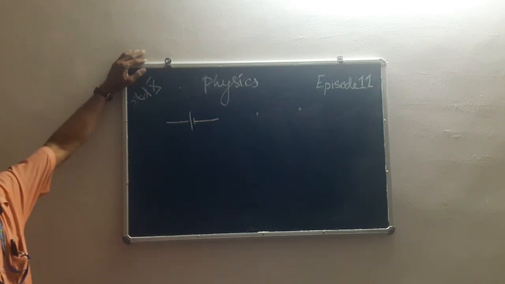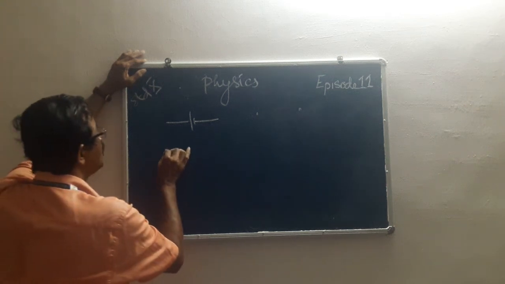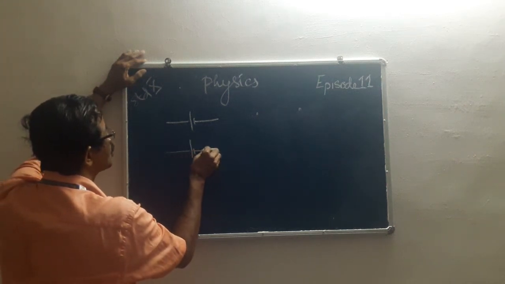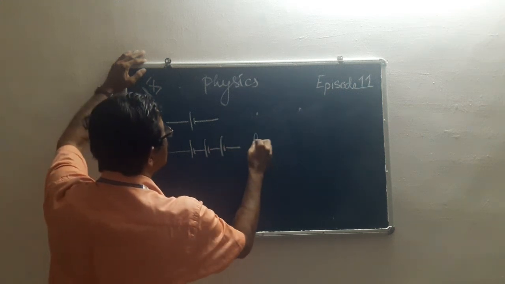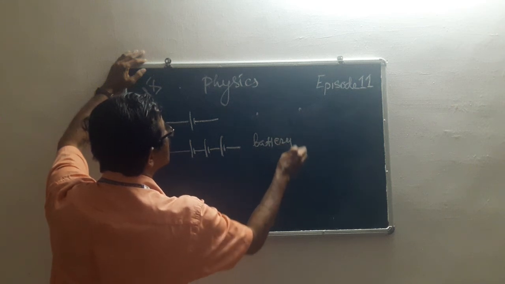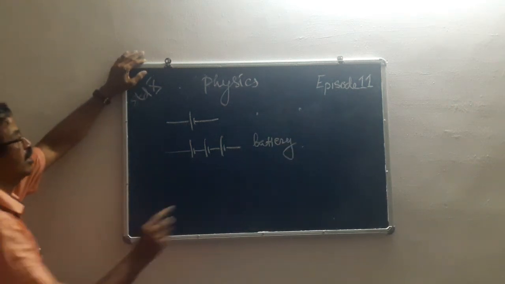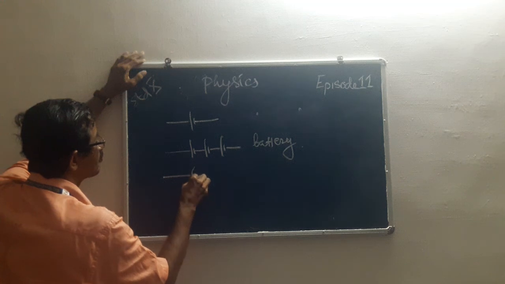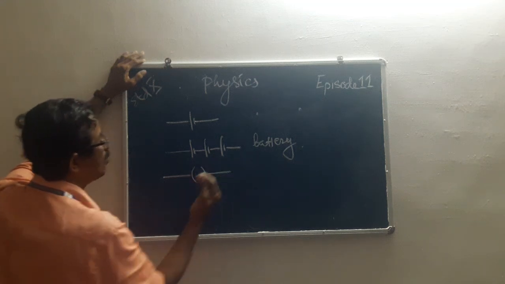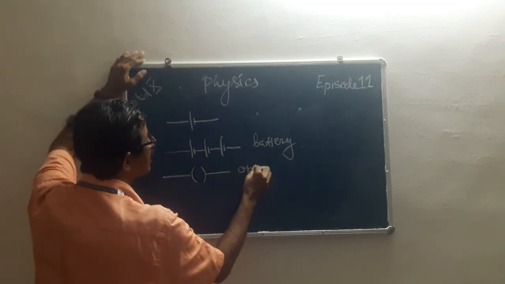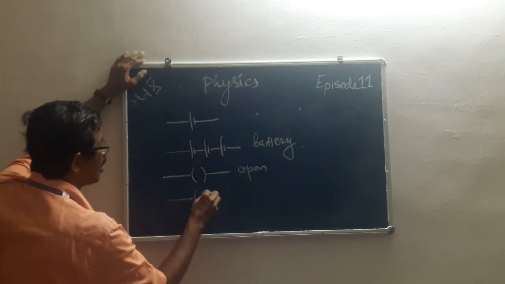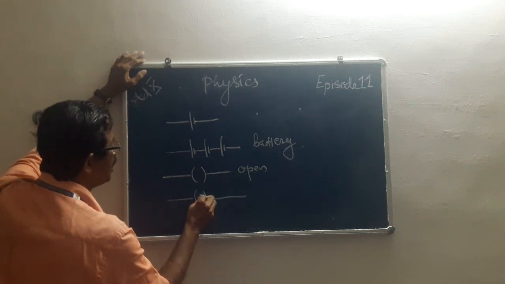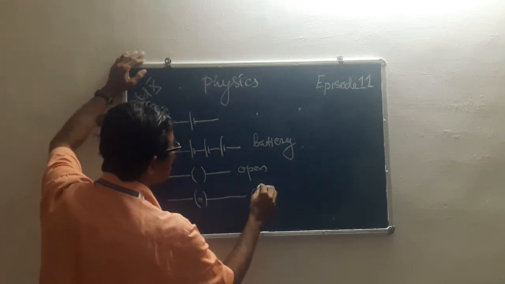Then the battery. A battery means a combination of more than one cell. So this is the method to represent a battery. Then the key, plug key. This is the symbol when it is open. Then the symbol of the plug key when it is closed.